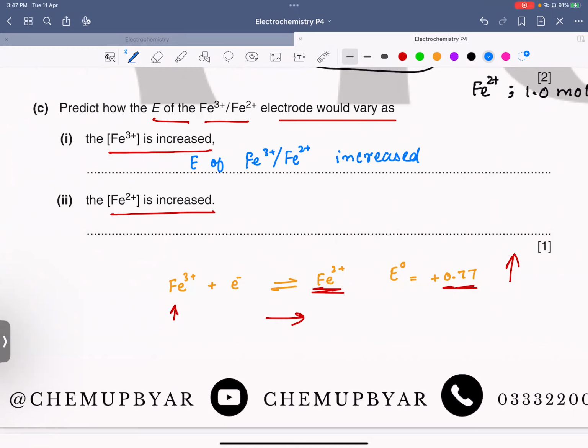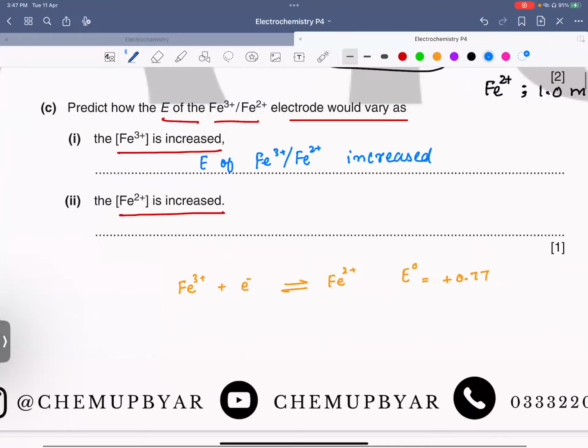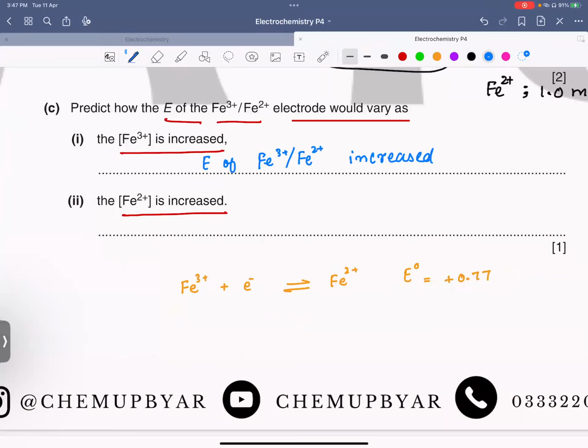Now what would happen the other way? In the second part, they ask what happens if the Fe2+ ion concentration is increased. The equilibrium shifts to the left. So we have more of these and less of these when the equilibrium is established.